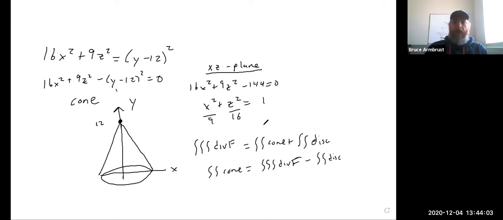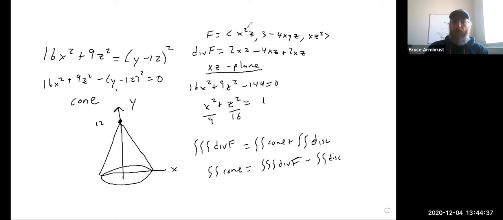All right, so how about we calculate the divergence of f? If we go back to mine, the field was x squared z, 3 minus 4xyz, xz squared. So the divergence of that is going to be 2xz minus 4xz plus 2xz.